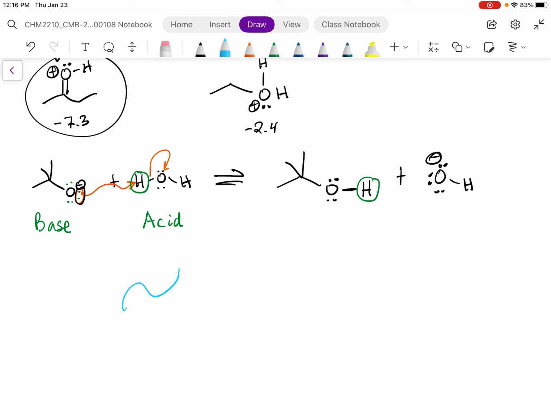The start of a mechanism arrow shows you where the electrons are, and the head of the arrow shows where the electrons go. So we see that lone pair forms a bond with this hydrogen. That's the flow of electrons.